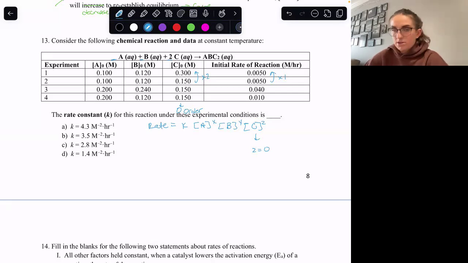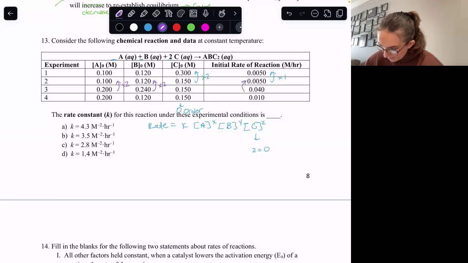What do we notice about 2 and 3? We have A changing. We go times 2 as we go from experiment 3 to experiment 2. But we're also changing times 2 for our experiment in B. So let me change the color of this. As we go from here, we're times 2, and if we go from here, it's times 2.